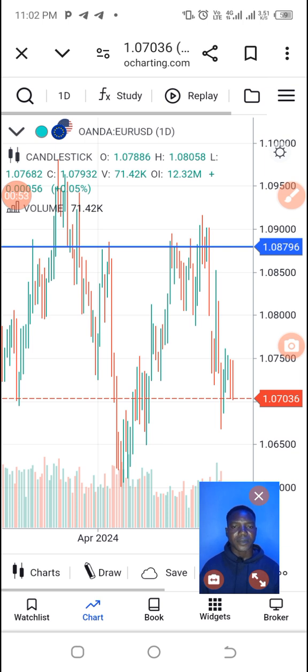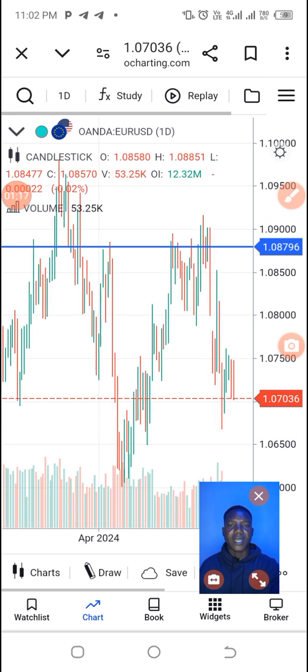Now liquidity is like an area where you see two relative equal lows. You see relative equal lows, and it might be 2 times, it might be 3 times. It keeps going there, and then it stops. Let me show you a very good example right here.